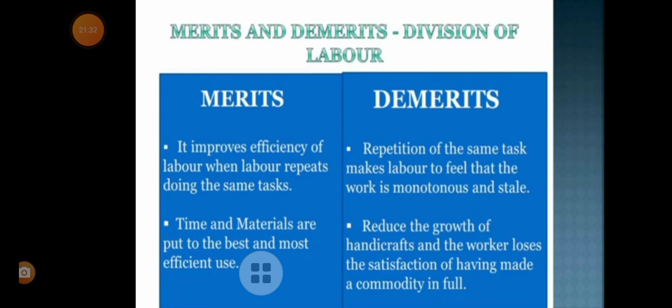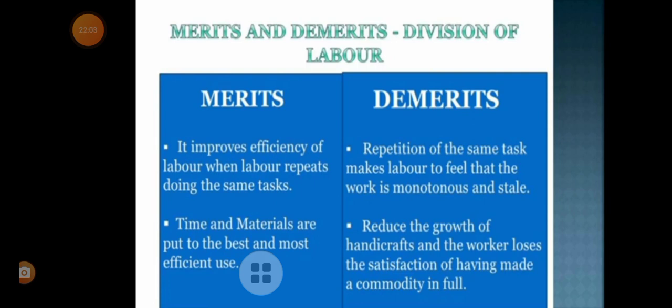But if there are ready-made garment companies, the people who run tailor shops get very few orders. So handicraft work slowly gets reduced. And also the person who does the work does not do the whole work. The tailor stitches the whole shirt, and finally when he completes the work, he will be satisfied.